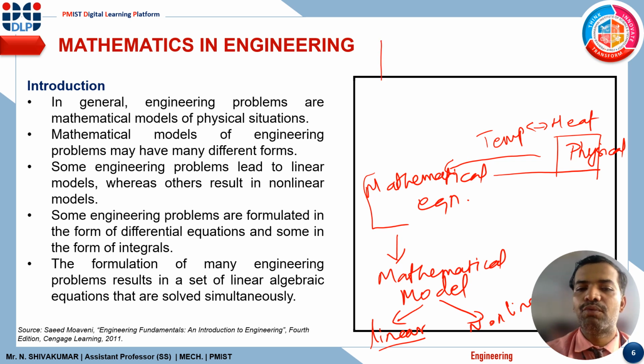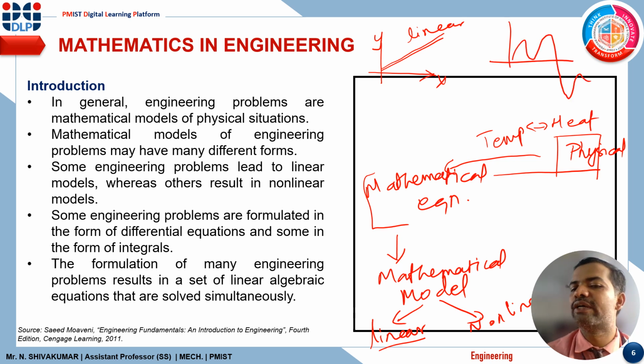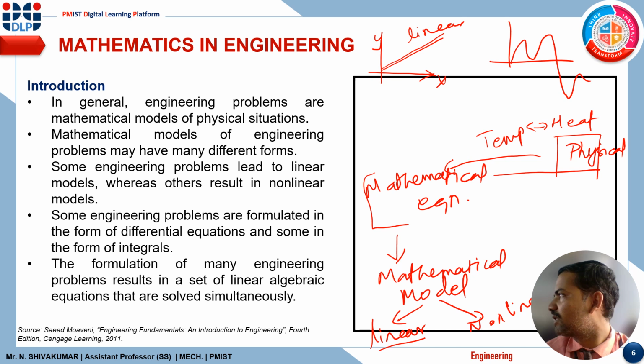Say for example here y is increasing, x is also increasing. This is linear. In case of non-linear, this is not the case. This will be like this. So there is a different type of waveform, so it can follow any non-linear type. So there are different types of non-linear curves.